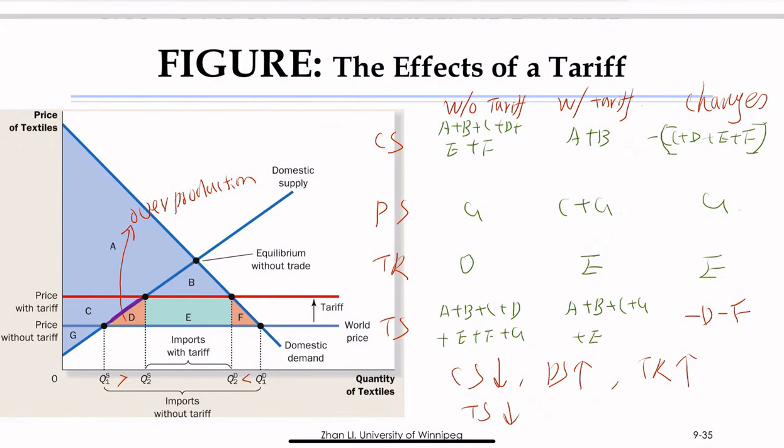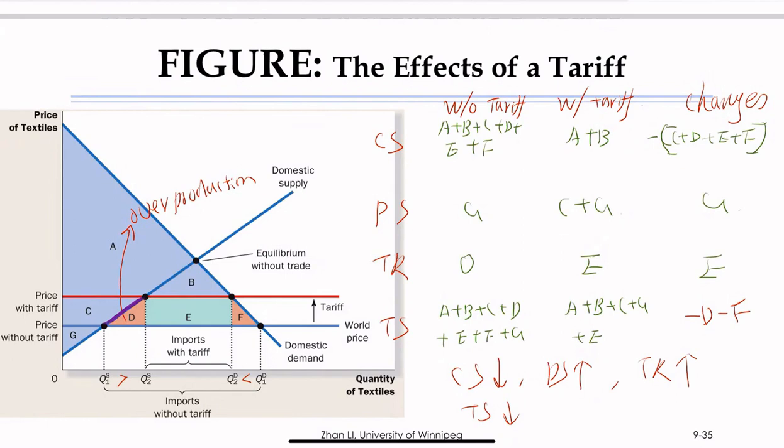So you can see that these producers on this section of this curve actually have higher cost compared with the world price. So their production is actually inefficient, right? However, because of the tariff, these inefficient firms will actually start producing textiles, right? So this is actually an overproduction.